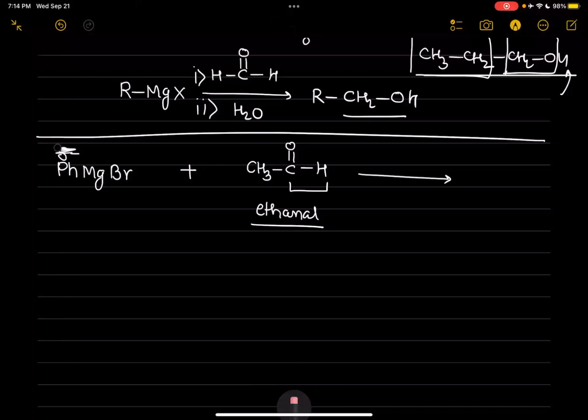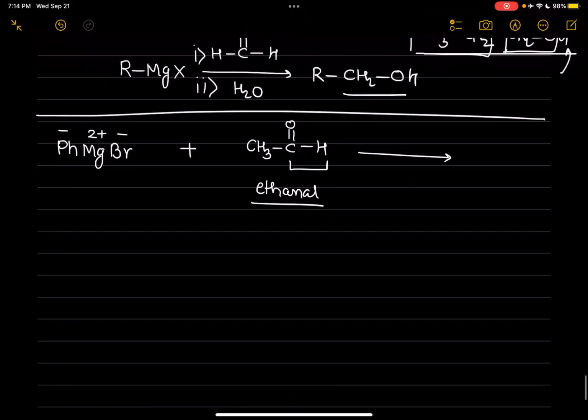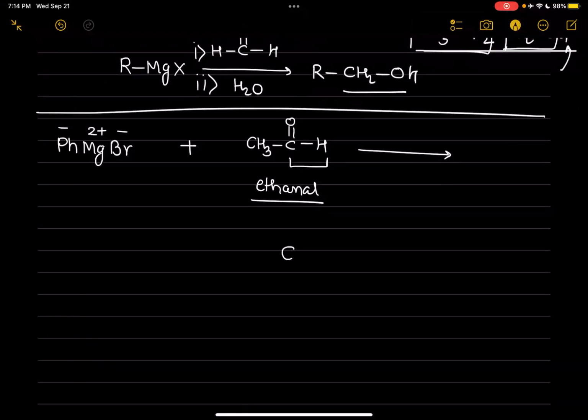This is minus, this is plus 2, this is minus. And C=O is there. So oxygen you can think of as oxygen minus and plus on carbon.